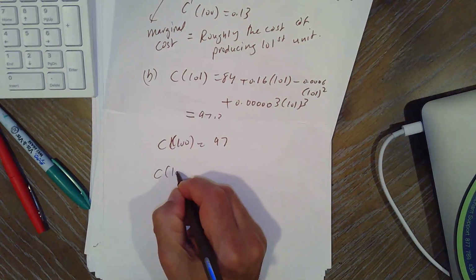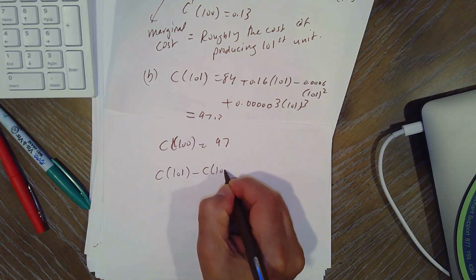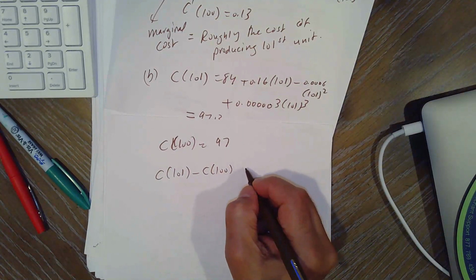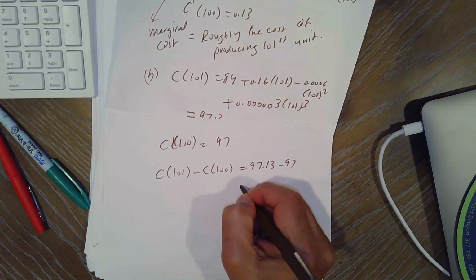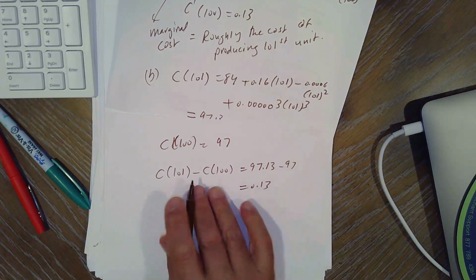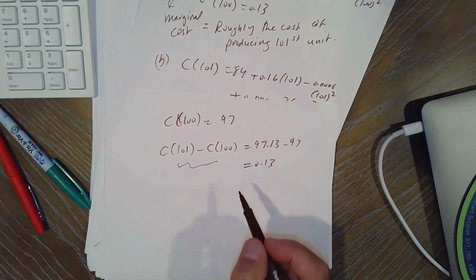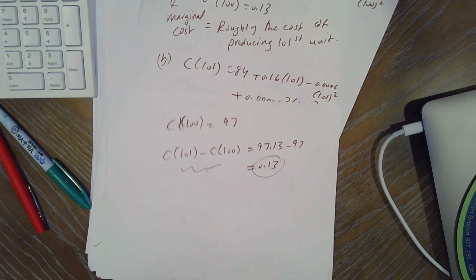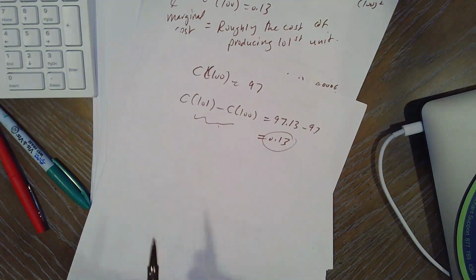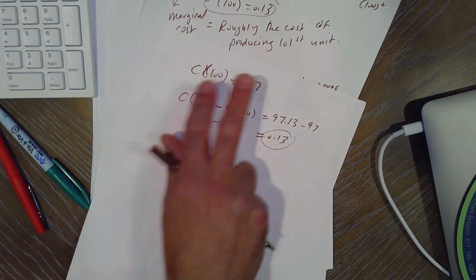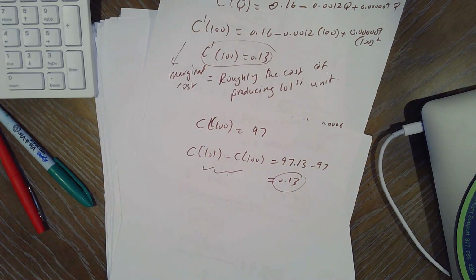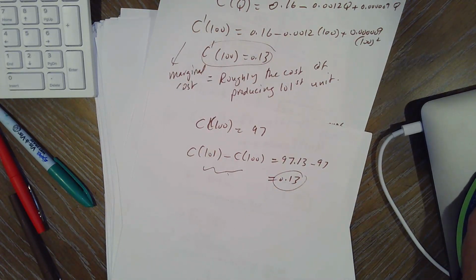So C of 101 minus C of 100 is roughly 97.3 minus 97, which is 0.13. So this is the cost of producing the 101st unit compared to C prime of 100. It's exactly the same. Okay, it's exactly the same. So that's a very good estimate, by the way. And that ends the long section.